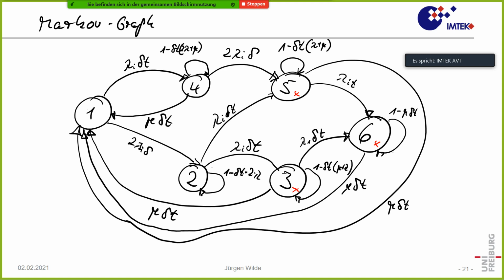Have we got all? No, here, this initial state. How many are going away? This and this.